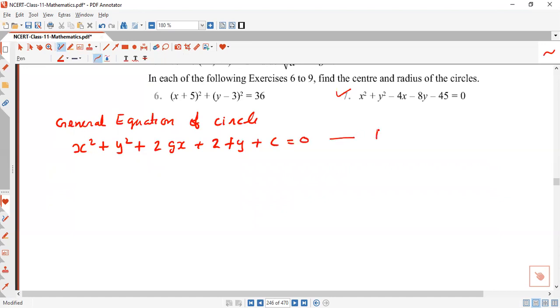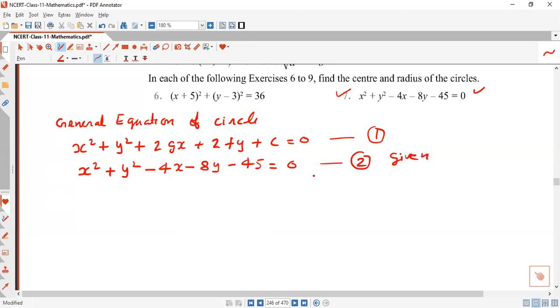This we say is equation number 1. The desired equation is x square plus y square minus 4x minus 8y minus 45 equal to 0. This is equation number 2, given to you.